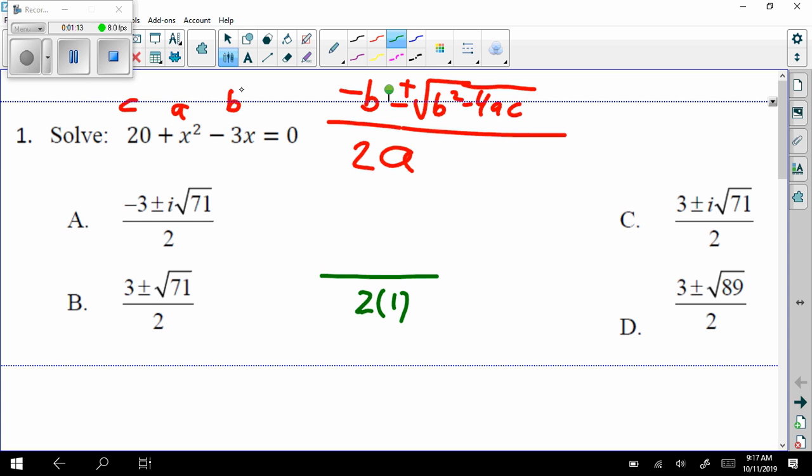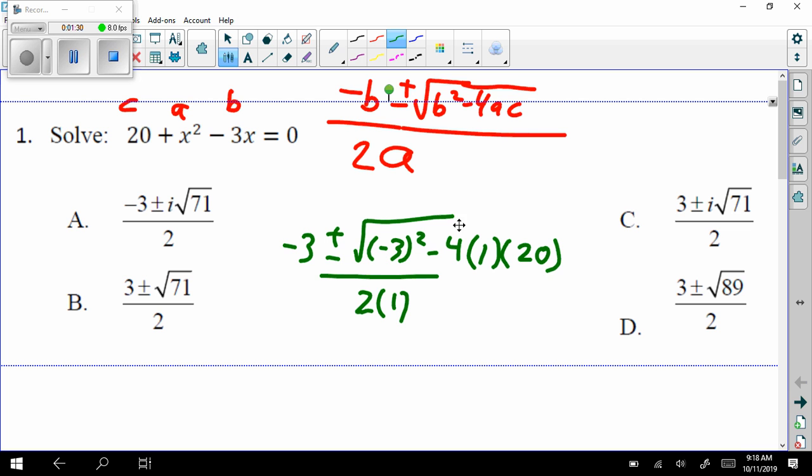B is negative 3, so it's negative 3 plus or minus the square root of negative 3 squared, minus 4 times A is 1, times C was 20. B is negative 3.